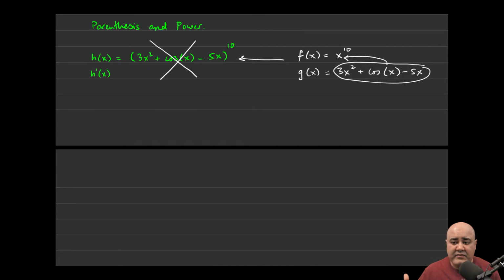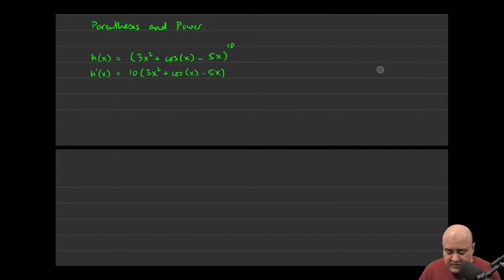So the outside function is x to the 10. Chain rule says find the derivative of the outside keeping the inside the same. In practice, this just boils down to bringing down the power, keeping the inside the same, so 3x squared plus cosine x minus 5x. But a common mistake that happens at this stage is students just move on to the derivative of the inside.